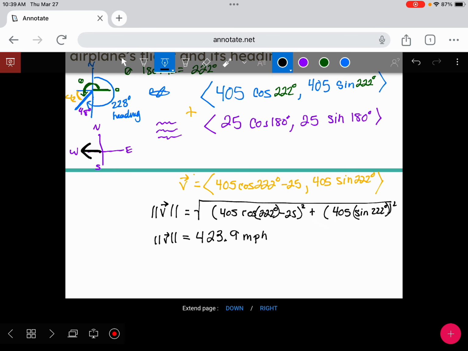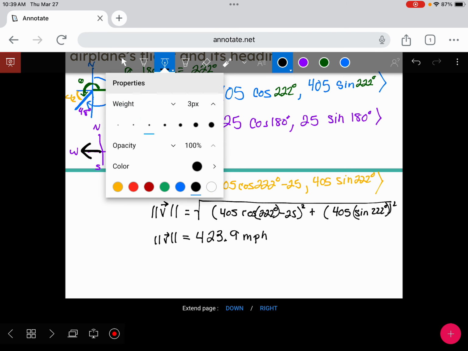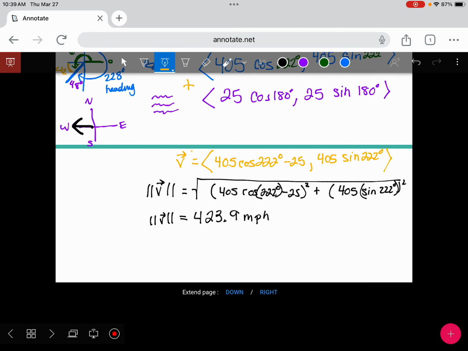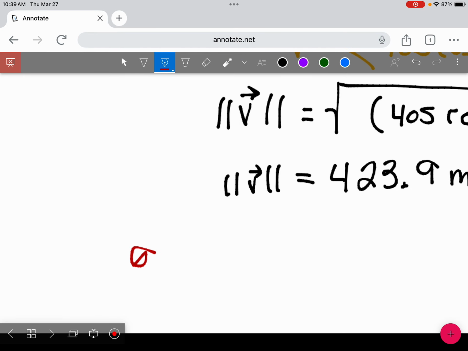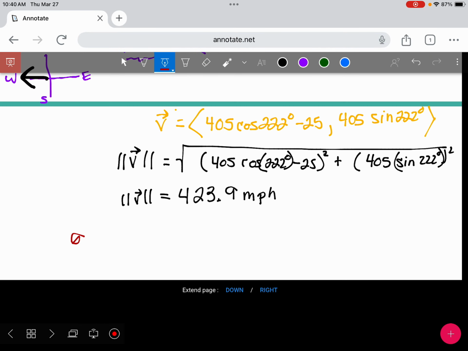To find its heading, we need the angle, or to find its bearing. So to find our angle, that's when we do our inverse tangent. And it's gonna look super gross. Our theta comes from our arctangent of our fraction that has our y, that 405 sine of 222, over the x, 405 cosine 222 minus 25.